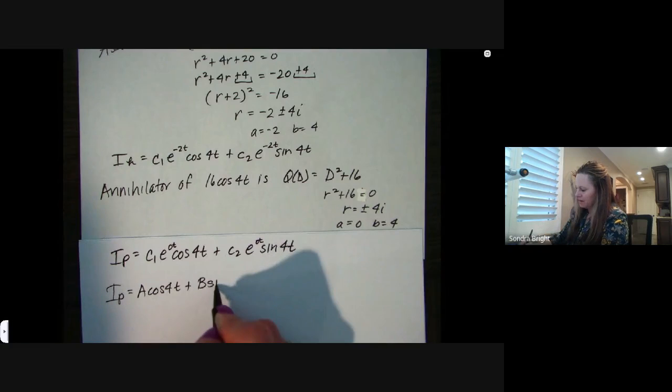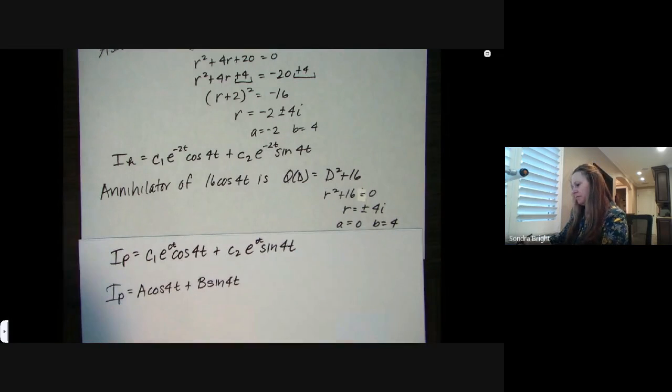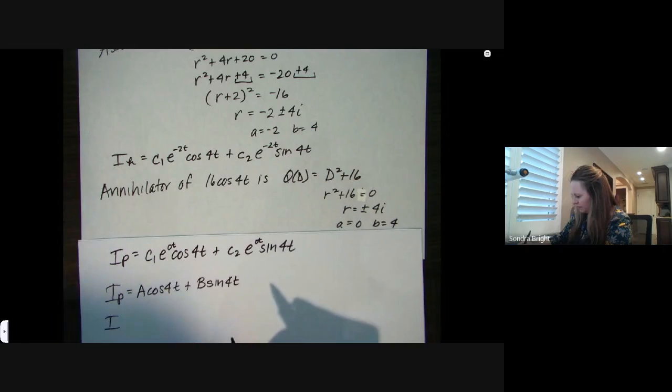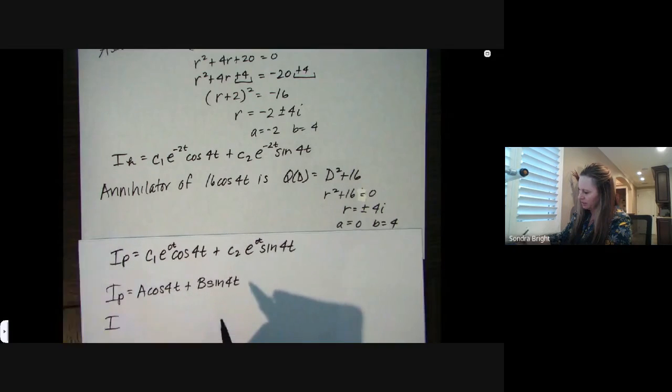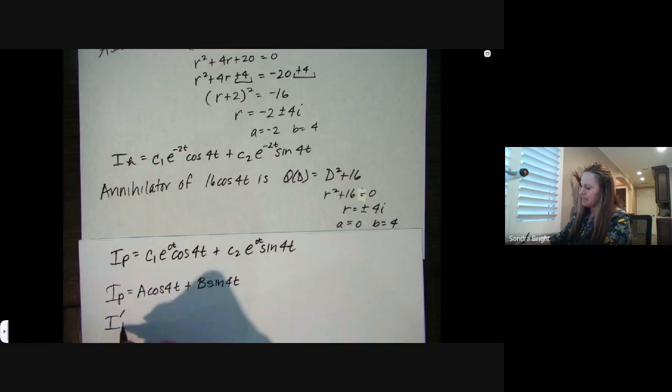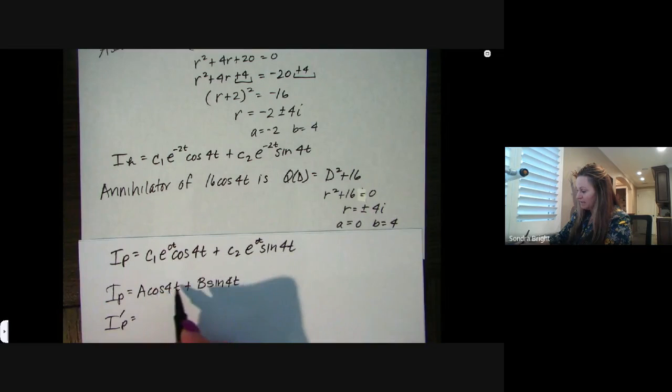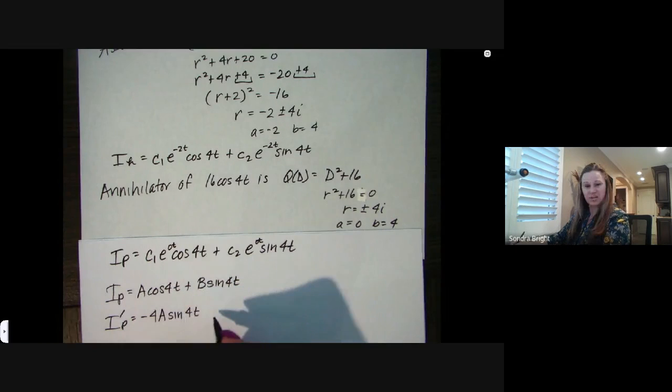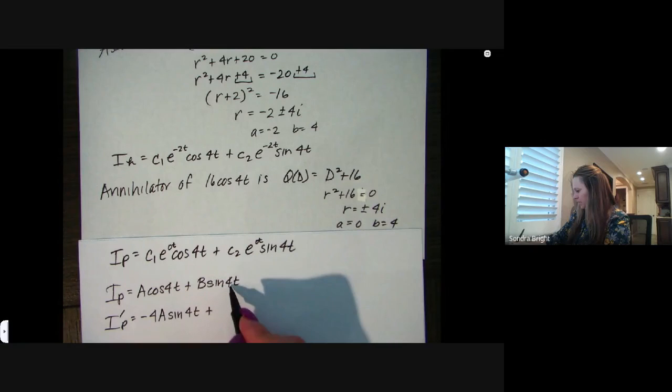So then I have to plug this into my equation, so I need the first derivative and the second derivative. First derivative of the particular would be negative sine of 4t, but then times 4, so a negative 4a sine of 4t, and then plus derivative of sine would be cosine, but then chain rule says times 4, so a 4b cosine of 4t.